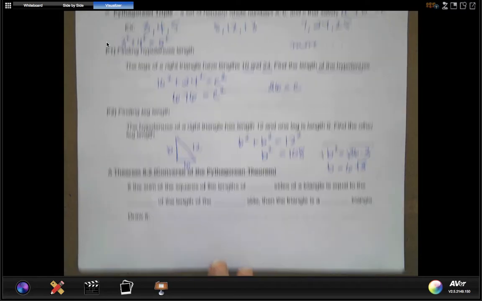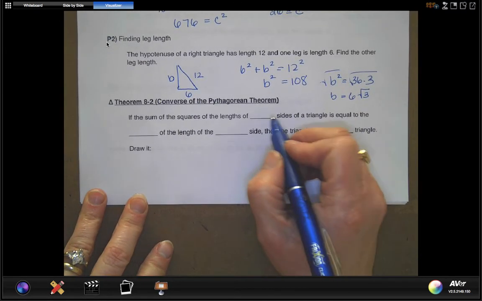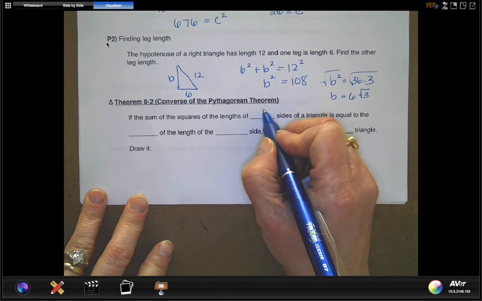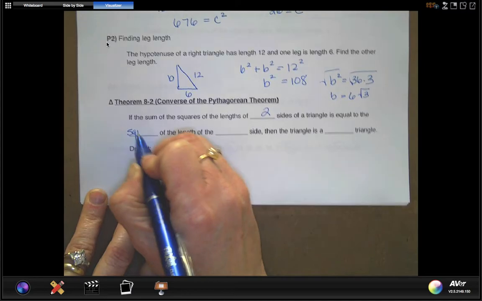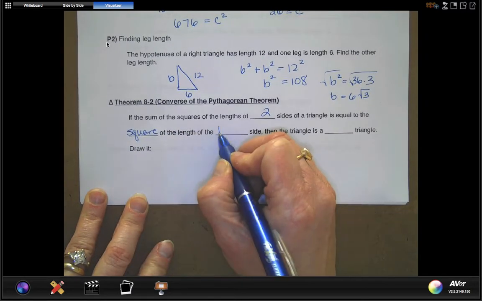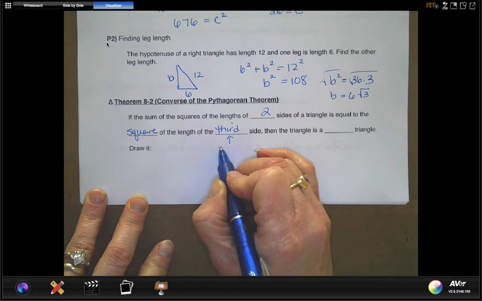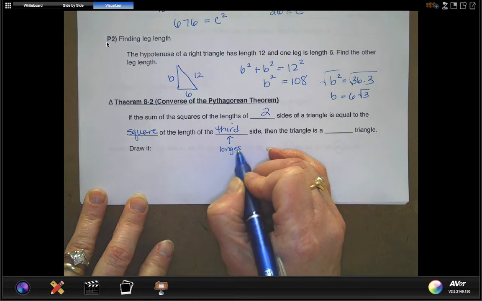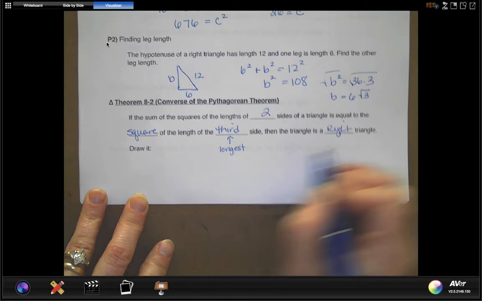All right, the converse. So it says if the sum of the squares of the lengths of two sides of a triangle is equal to the square of the length of the third side, well, this needs to be the longest side, then the triangle is a right triangle.